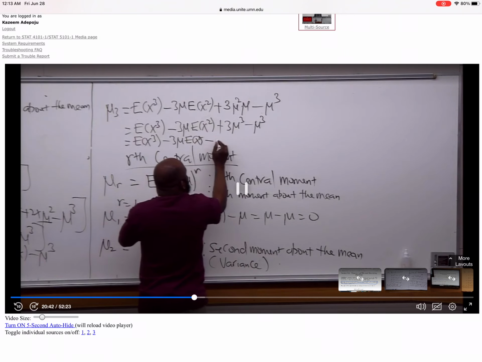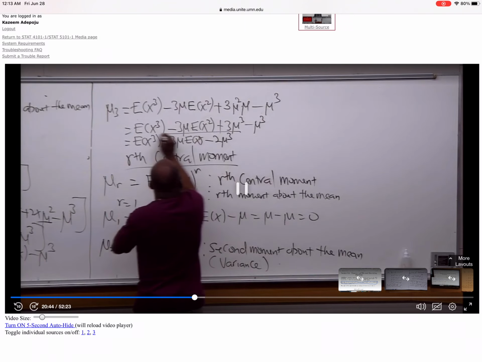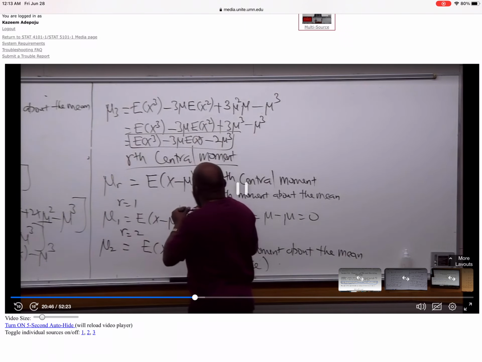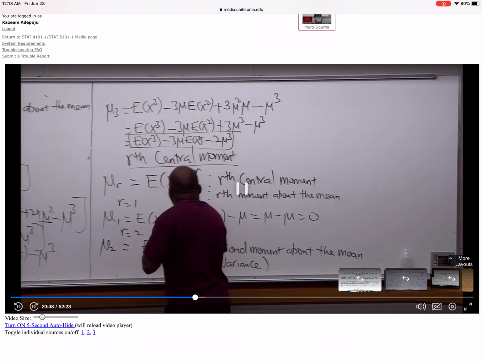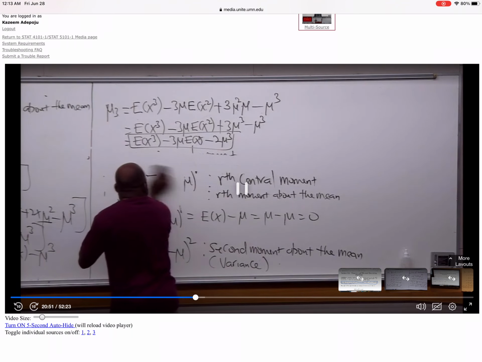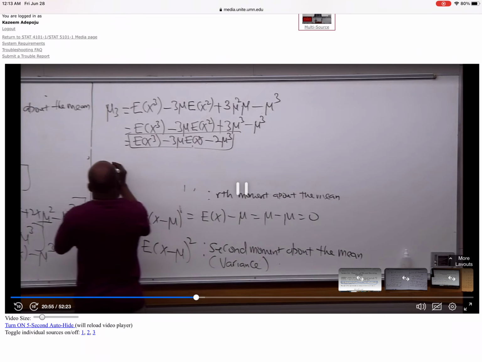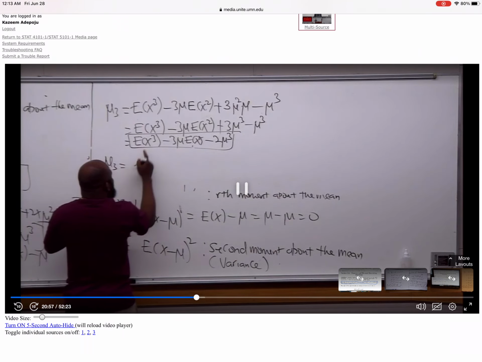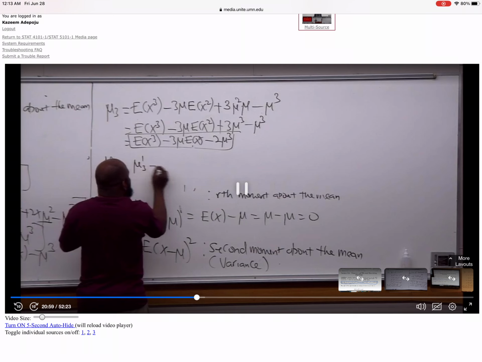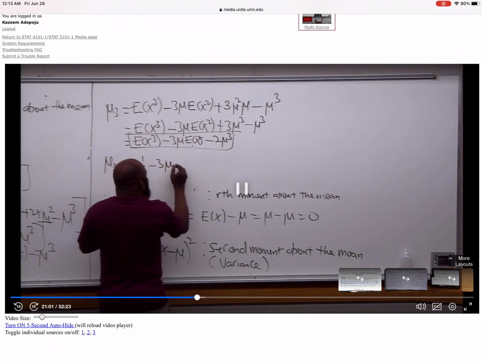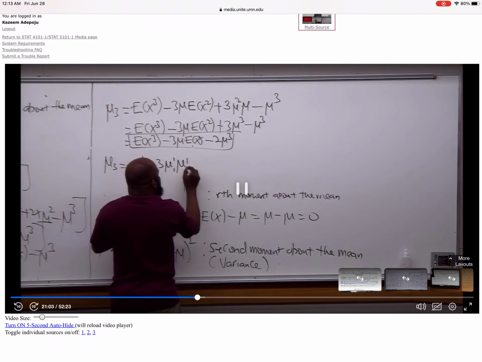If I want to rewrite that, I'm actually going to write mu 3. This is mu that, minus 3, this is that. This is this minus 2 raised to power 3.